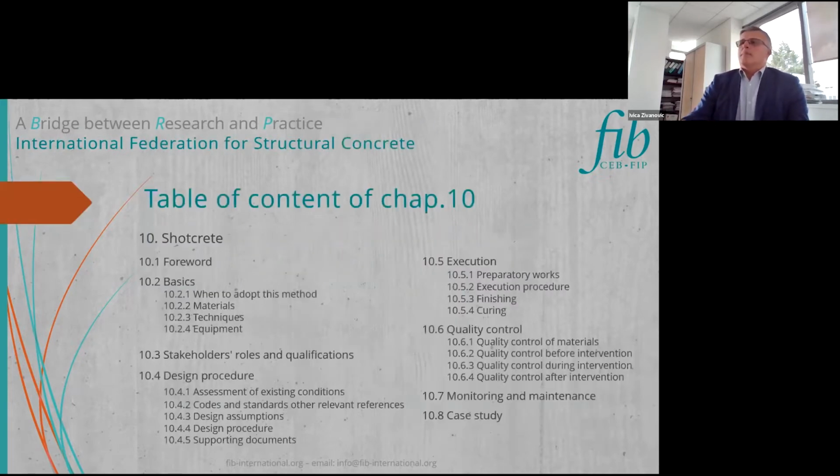And my topic will be related to the content itself of chapter 10, which covers the principle on how to adopt this method, what the materials and techniques are, including the equipment, the role and qualification of each actor, the design process, some execution detail, and of course quality control, monitoring and maintenance.